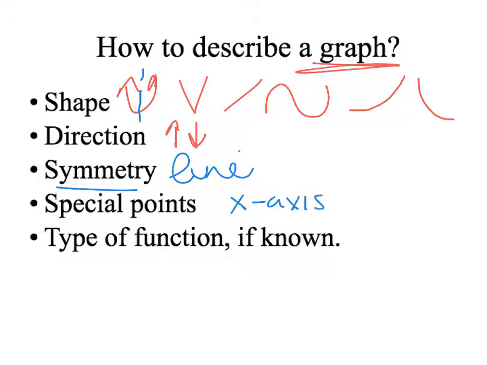And that's called the x-intercept. Where does it cross the y-axis? That's always when x is 0, and this is always when y is 0. And then, do you know if it's a linear function, a quadratic function, an exponential function, an absolute value function? Those are all the things you're going to be looking at.